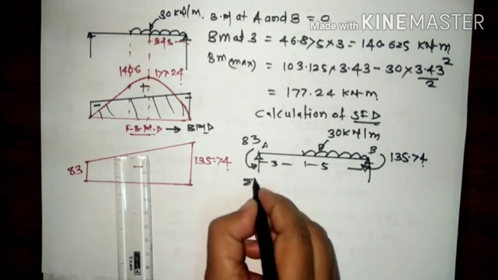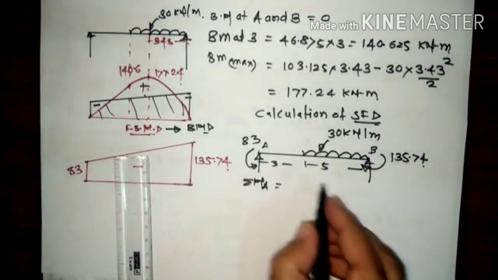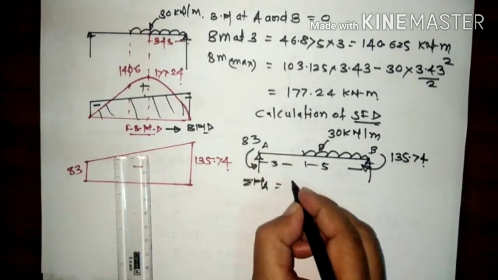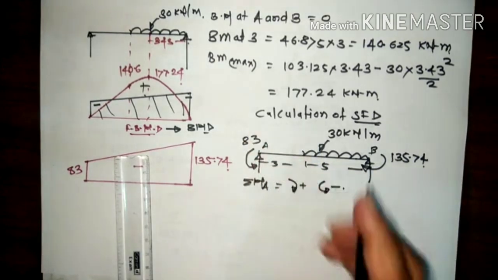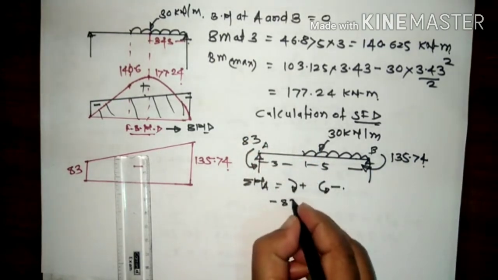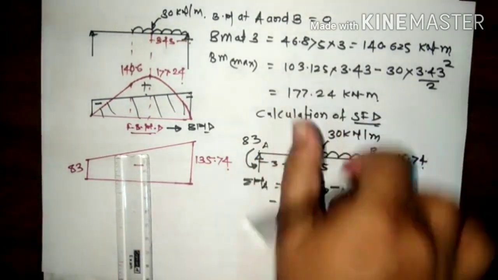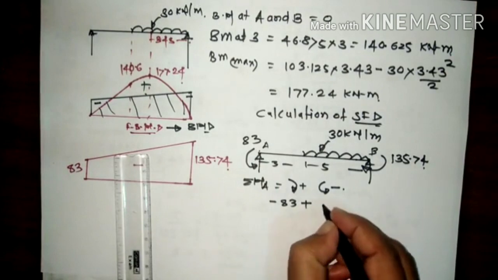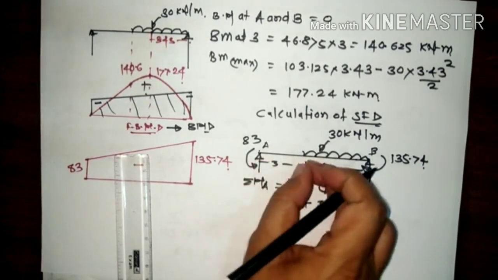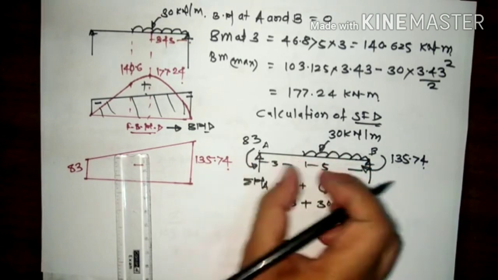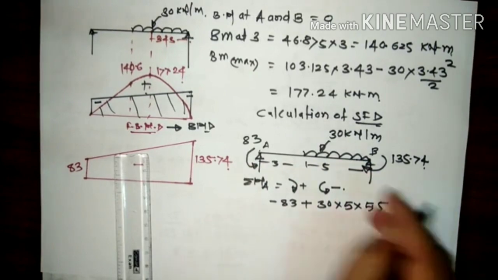Again we find the reactions by considering the external moments. Sigma M is equal to, with clockwise positive and anti-clockwise negative. This is anti-clockwise, so minus 83. Then plus 30 into 5 into the distance, which is 3 plus half of 5, that is 2.5, so 5.5.